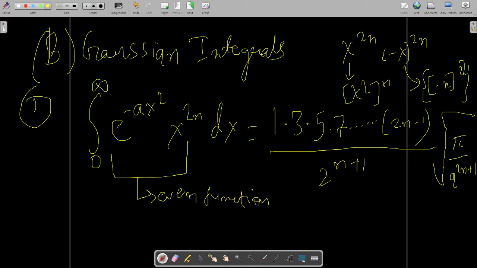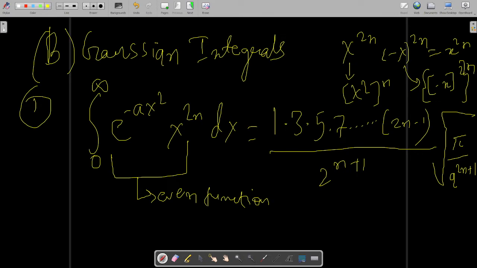Then minus x square will again turn to x square only, because minus into minus is plus. So again I will yield x to the power 2n only. That's why this is an even function, because even after putting minus x in the place of x, you are getting the same function.